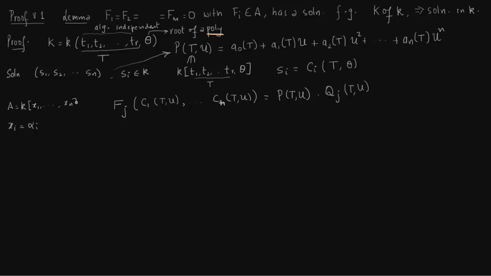So we want to substitute whatever x's you have anywhere in fj with alpha i, which belongs to this small k. Now what values of alpha 1 to alpha n should we choose, because each x1, x2, xn has to be substituted with alpha 1, alpha 2, alpha n? What values should we assign for alpha 1 to alpha n?